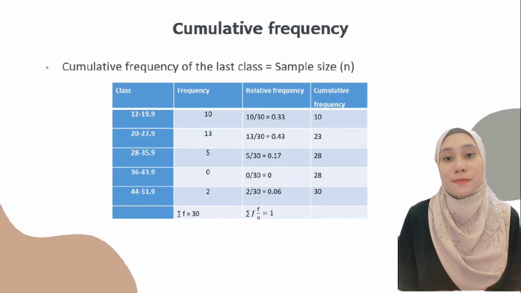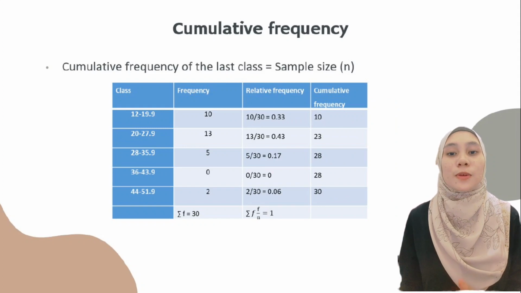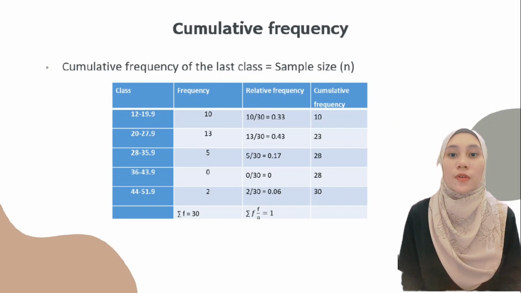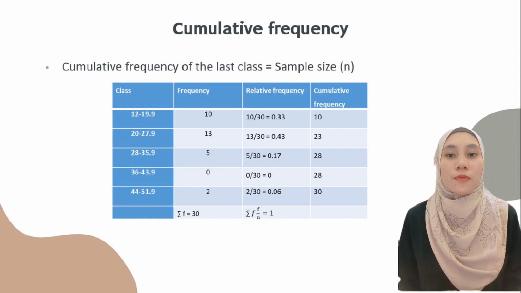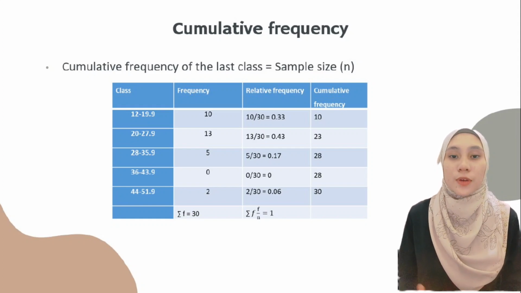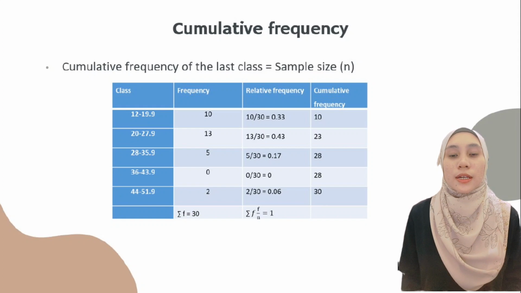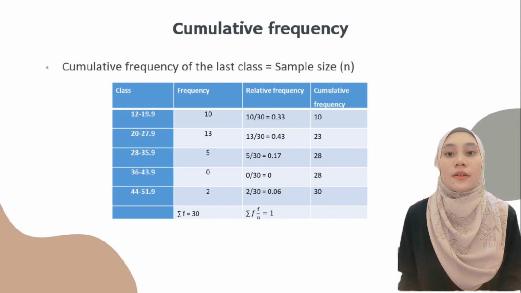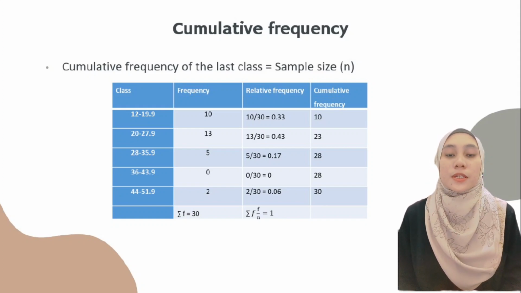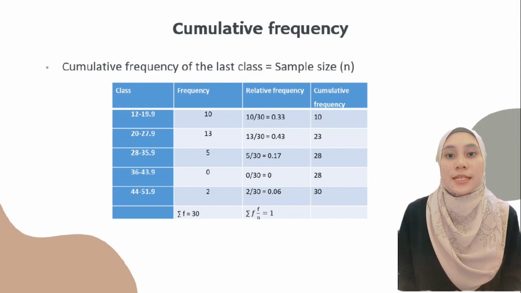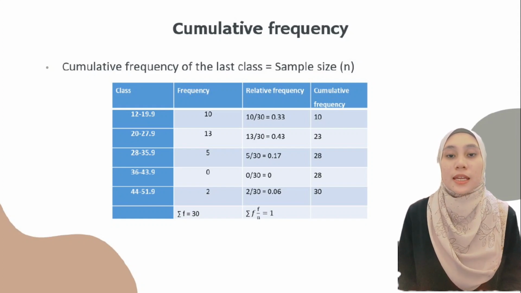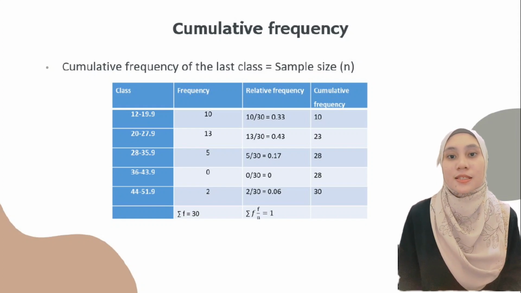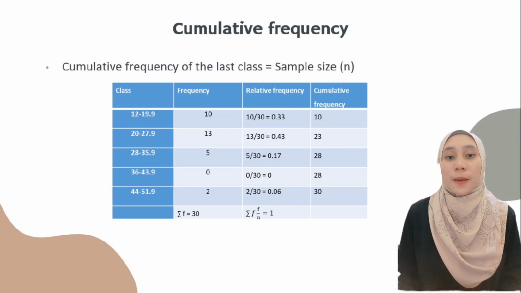Last but not least, the cumulative frequency of a class is the sum of the frequency for that class and all previous classes. The cumulative frequency of the last class is equal to the sample size.